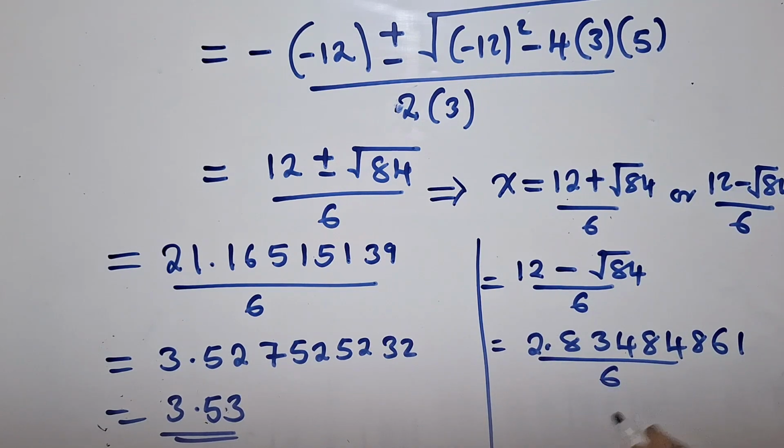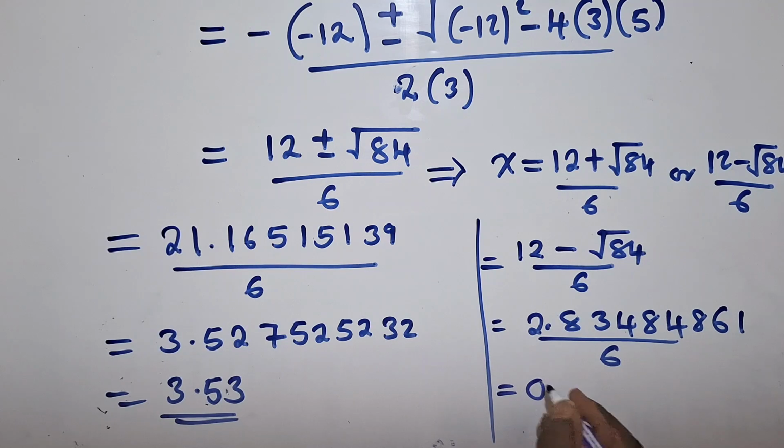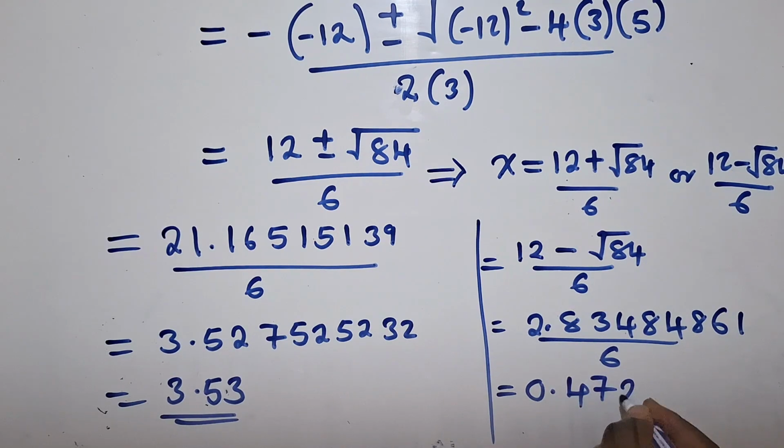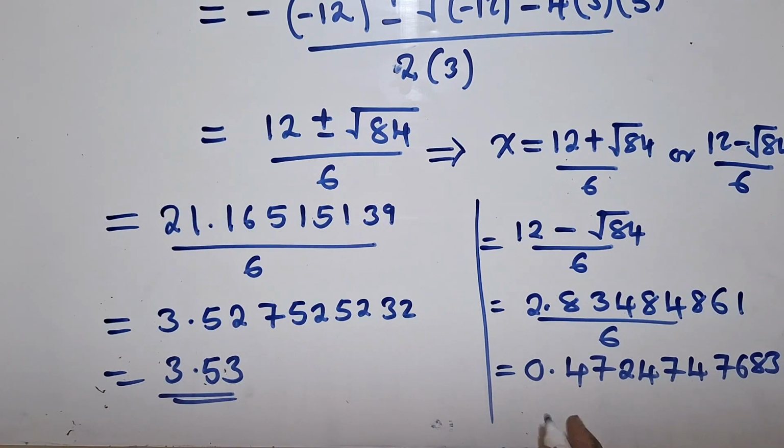Then we divide by 6. When you divide by 6, we are getting 0.4724747683. And writing this in two decimal places, it will be 0.47. This is our answer.